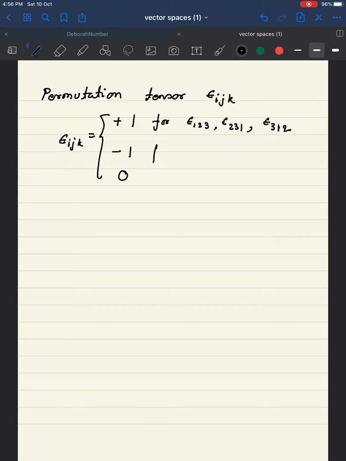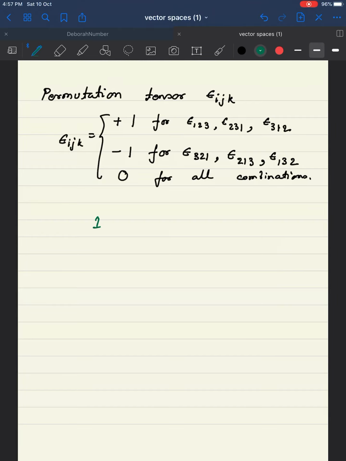And it is minus 1 for cases where you have gone in the opposite direction. So if you are doing epsilon_321 or epsilon_213 or epsilon_132, and 0 for all other combinations. Okay. So just remember, it's easiest to remember.